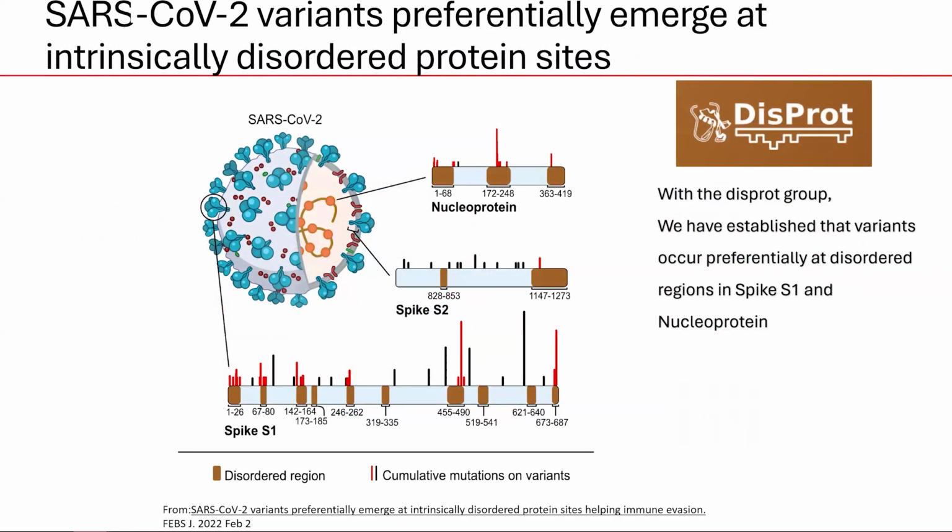Okay, also, we have seen with this plot that there were a lot of disordered regions in the spike protein, for example, on the nucleoprotein, on many variants before Omicron. Variations turn out to be present in these disordered regions, so there may be something about antigenicity there as well.